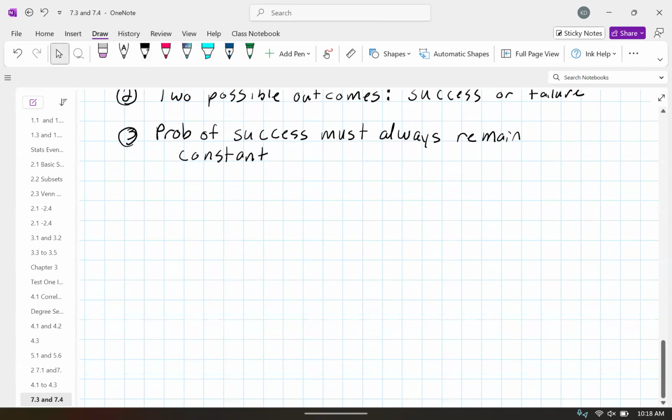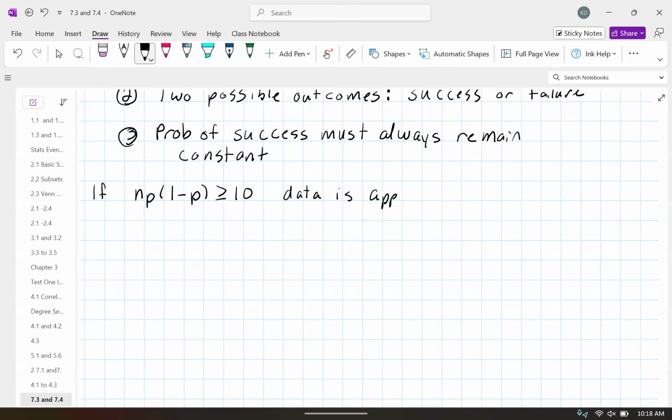So if np times 1 minus p is greater than or equal to 10, our data is approximately symmetric and normal.